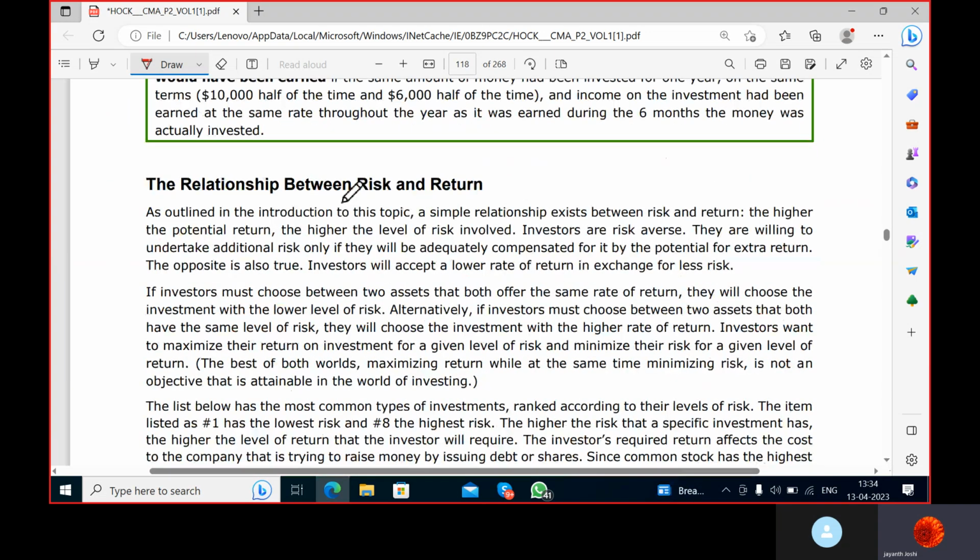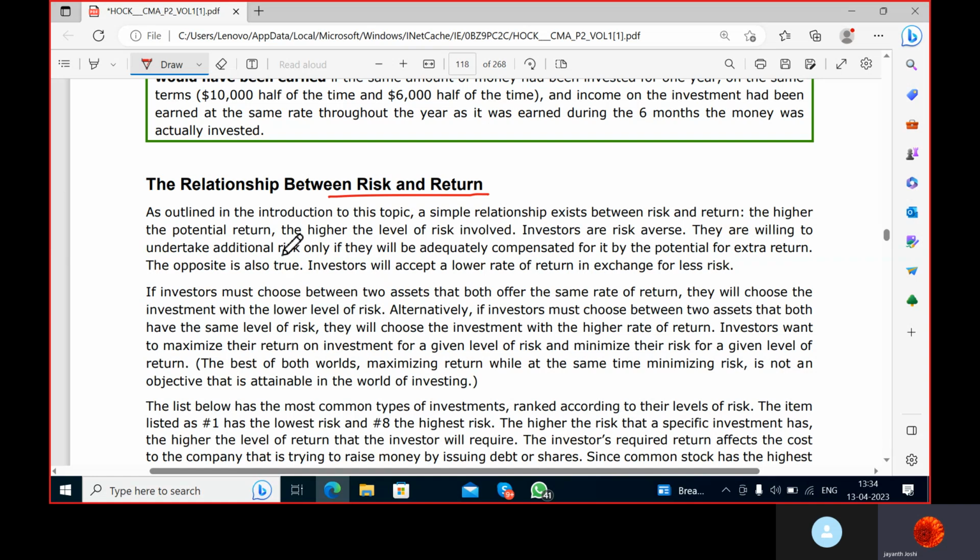What is the relationship between risk and return? There is a trade-off between risk and return. The more the risk you take, the more the returns you should expect. Since you are taking higher risk, you want to be compensated with more returns.